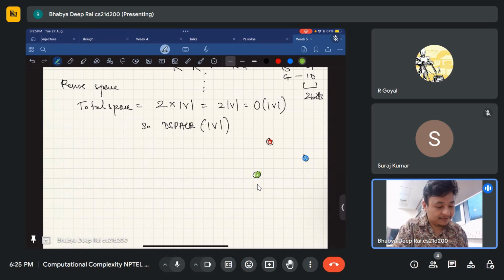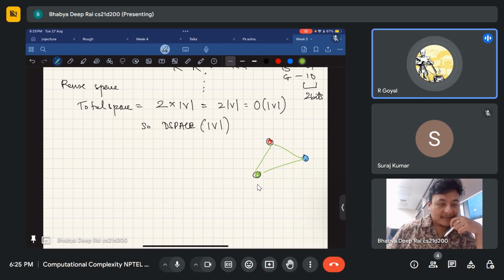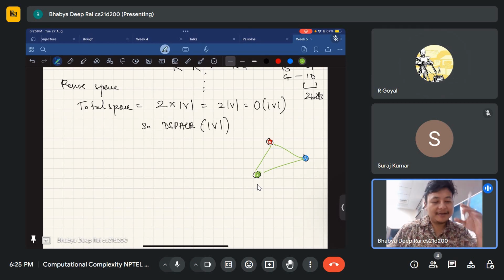I can always do that, even if there is a cycle between them. If I take any 3, what you mean is go across all 3-size subsets, right? Because we are storing the vertices in an order. Okay, that is fine. I understand why it takes log space, but what you are saying is it takes 3 log v space.